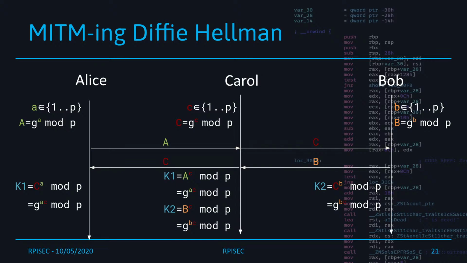So this can pretty easily be solved by using some sort of identity check, or maybe digital signatures on the actual values that you send out. But yeah, that's basically an overview of Diffie-Hellman.